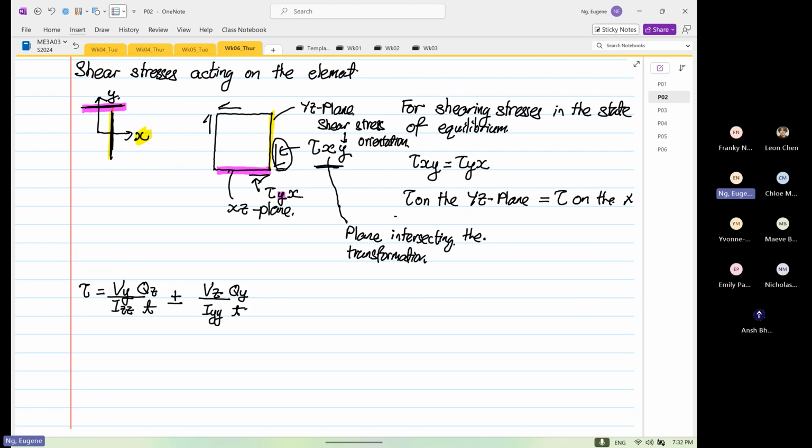Now this is opposite from our bending moment. In terms of bending moment, we have plus or minus My over Iyy multiplied by z, plus or minus Mz over Izz multiplied by y.